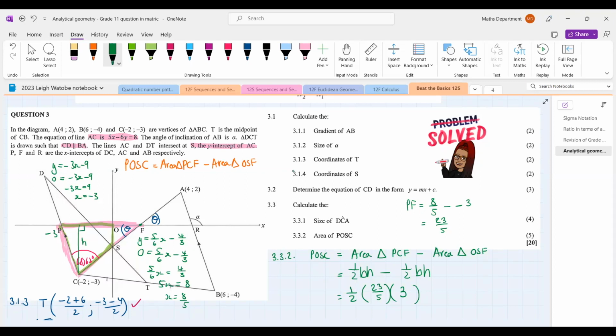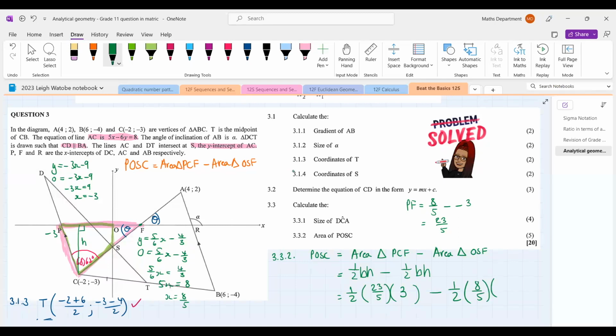Triangle OSF is a little bit easier because it's a right-angled triangle. So if we treat the base as OF, we know that the coordinate at F was 8/5.